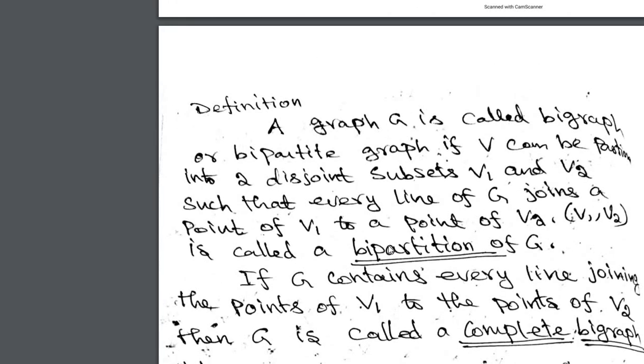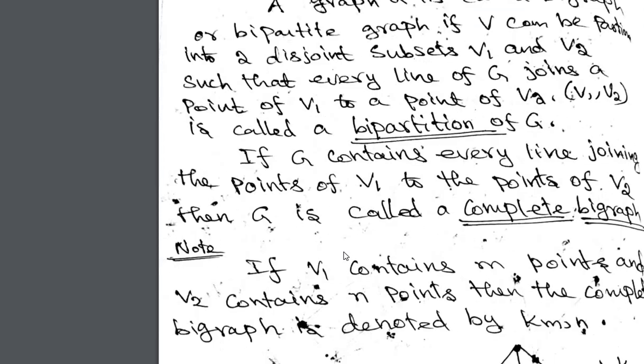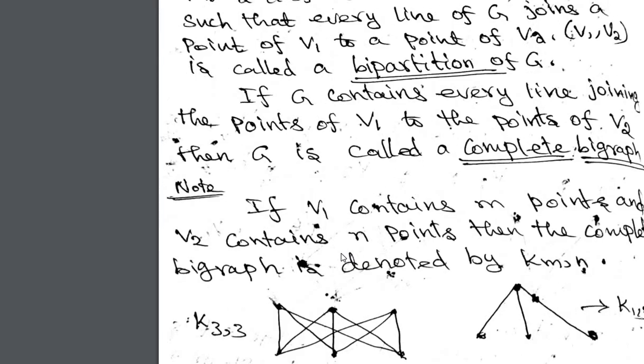Next definition, a graph G is called a bigraph or bipartite graph if V can be partitioned into two disjoint subsets V1 and V2 such that every line of G joins a point of V1 to a point of V2. If every point of V1 is joined to every point of V2, then G is called a complete bigraph. So here we have the notation Km,n, complete bipartite graph, V1 having m vertices, V2 having n vertices.